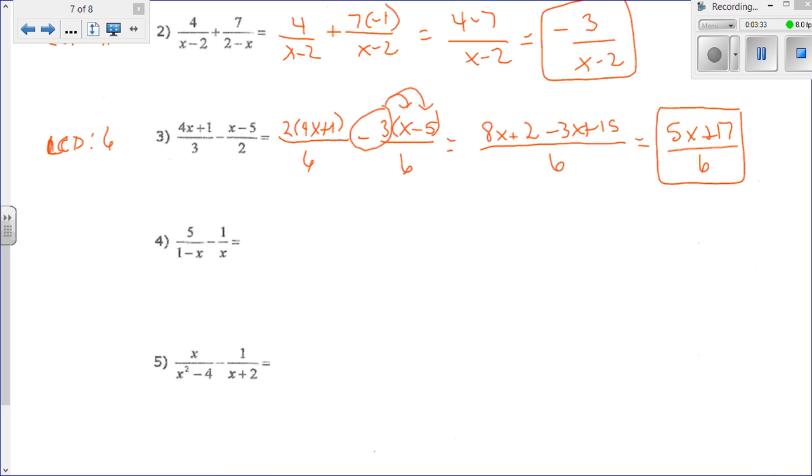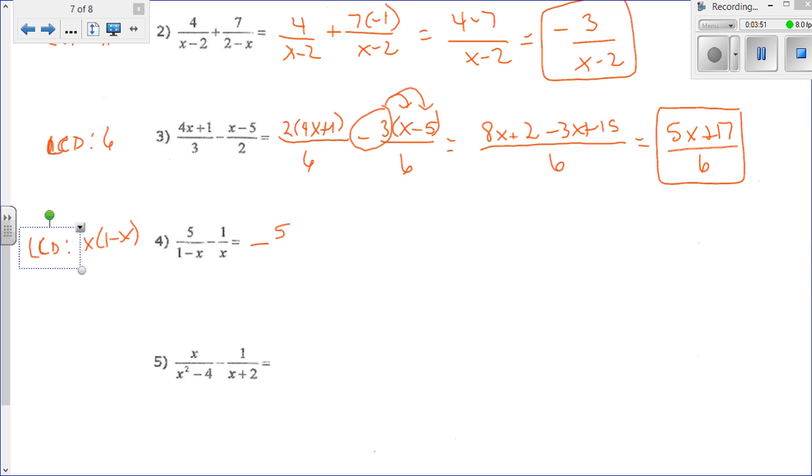For number 4, this one is a little bit different. I have a 1 minus x and an x. Well, my LCD is 1 of everything I see. So I have an x and a 1 minus x.